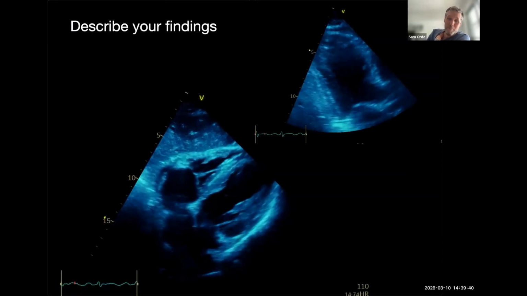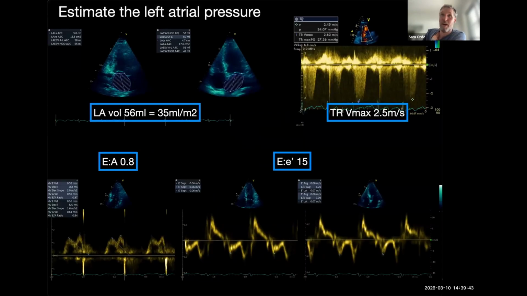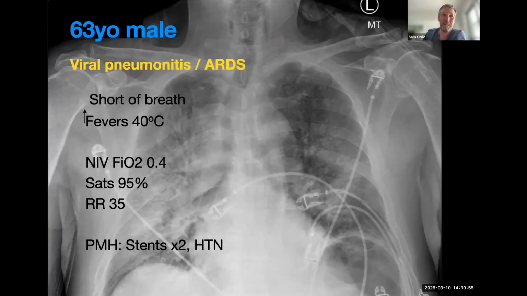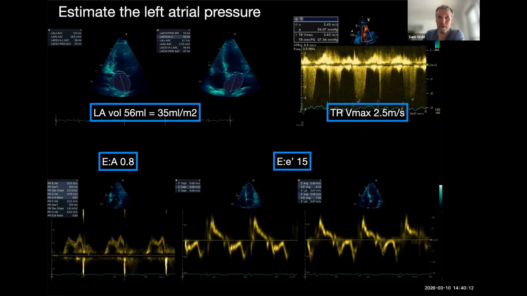Maybe it's a bit cheeky to put it in, but this is the kind of thing where I'd be ignoring it, because having some form of pre-capillary pulmonary hypertension with an X-ray that looks like that is probably quite normal, particularly when you're a bit hypoxic. I haven't told you about the acid status or the PCO2, but this patient is hypoxic for what they're on, with NIV and FiO2 0.4. I think our saturations will be closer to 100, I hope. So we're a bit hypoxic, a bit hypercarbic, maybe a bit acidotic. That's all going to raise up your TR Vmax. We can't really use that in left atrial pressure estimation.